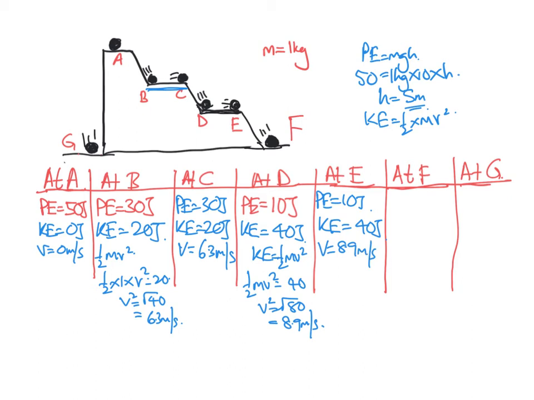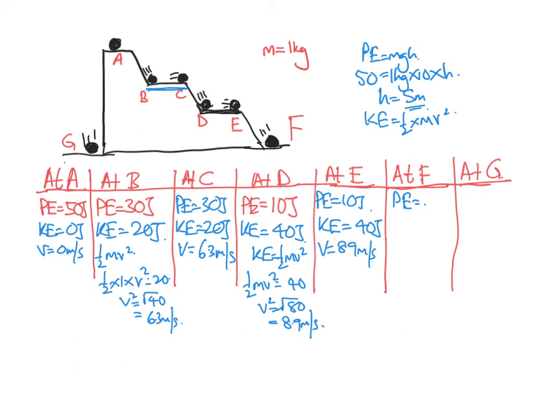Now at F, it has gone from E to F. F is the lowest level, at the surface, the ground level. Will there be any potential energy? No, there won't be, because F is the ground.